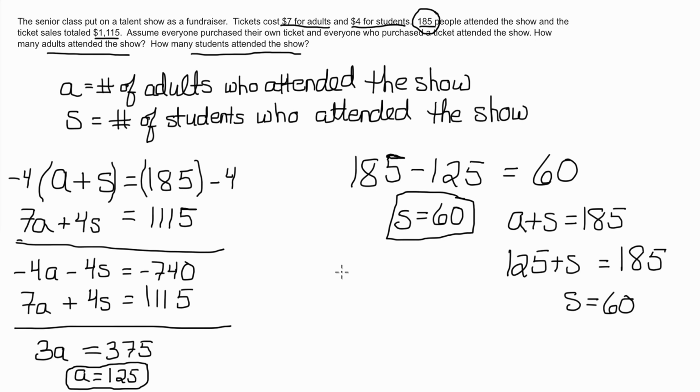Okay, so what's nice to do, too, is to write it in a complete sentence. Because if you walk up and say, oh, A equals 125 and S equals 60, people are going to be like, what? But if you write it in a complete sentence, then people know what you're talking about. So I'm going to write it in blue, and the answer to this question is 125 adults attended the show.